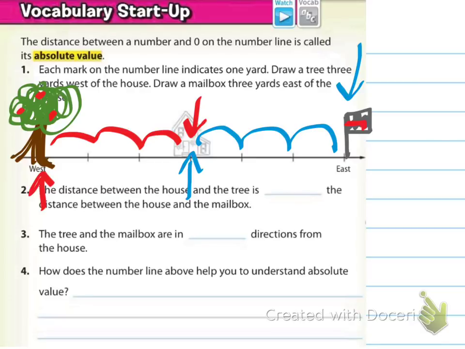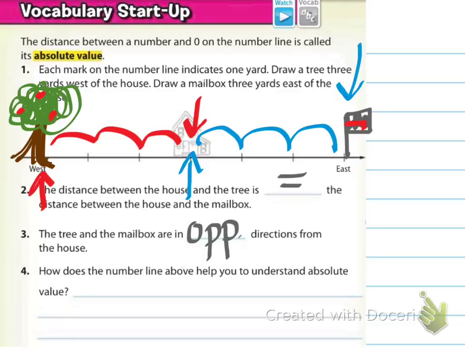Well, hopefully you're like, duh, Miss Eccles, it's equal to. And that's absolutely right. The tree and the mailbox, number 3 says, the tree and the mailbox are in blank directions of the house. Well, what do you notice? You've got your tree on one side and your mailbox on the other. What do you notice? That they are in opposite directions from the house.